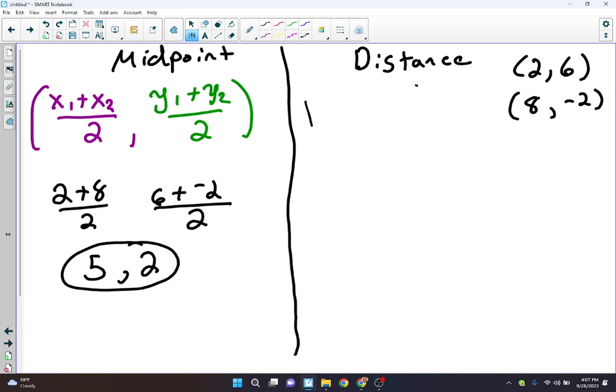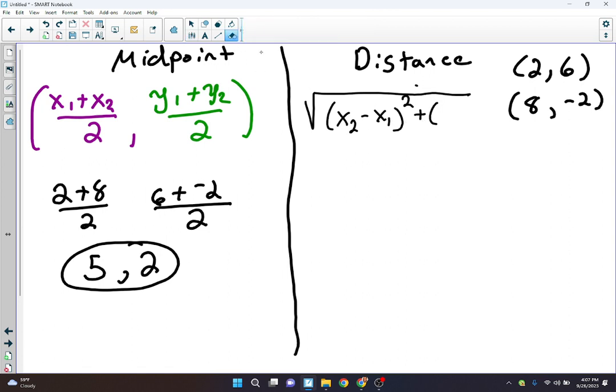The distance formula is more complicated. It's x2 minus x1, squared, though it's the same thing as x1 minus x2, but I'll be consistent with my past self.